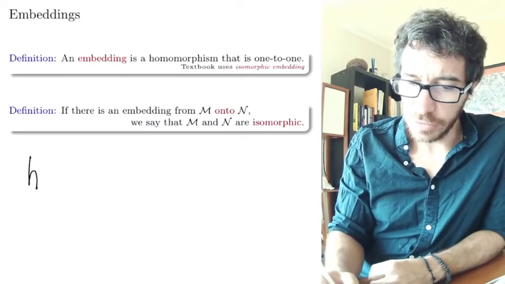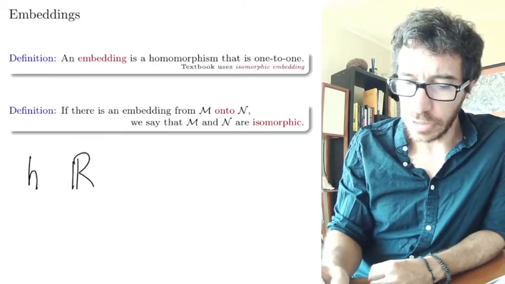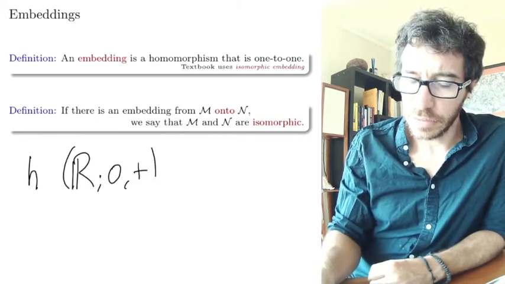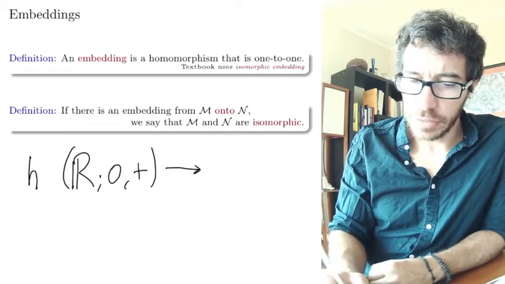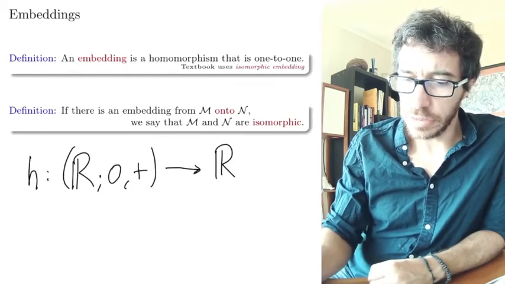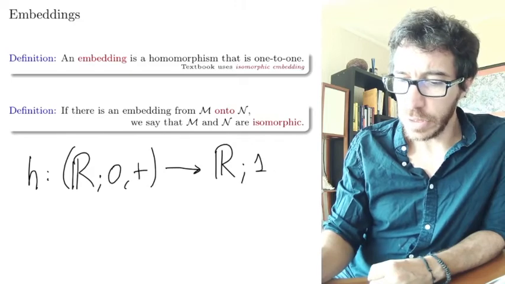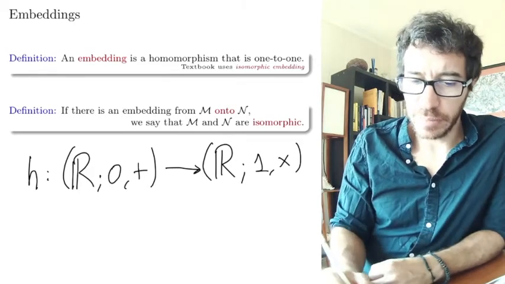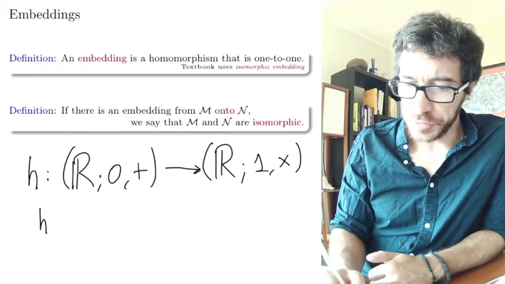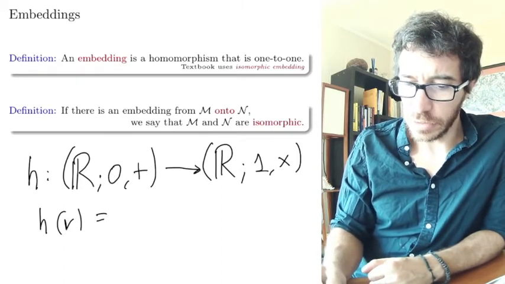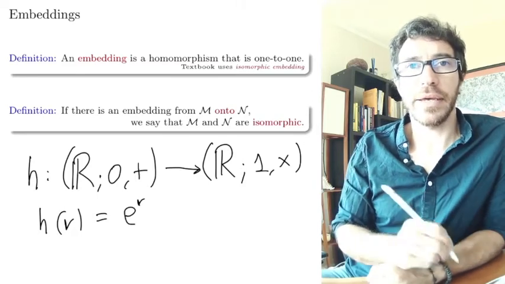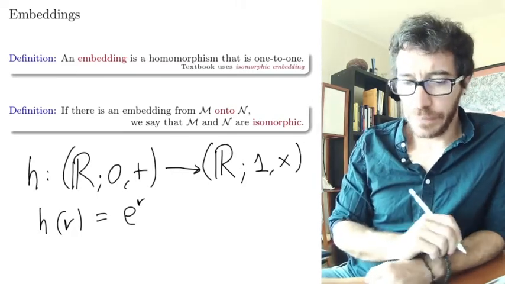Let's suppose we have the group R, 0, plus, and we're going to map this to R, 1, times. And the map is going to be H of r equals e to the r, the exponent e.